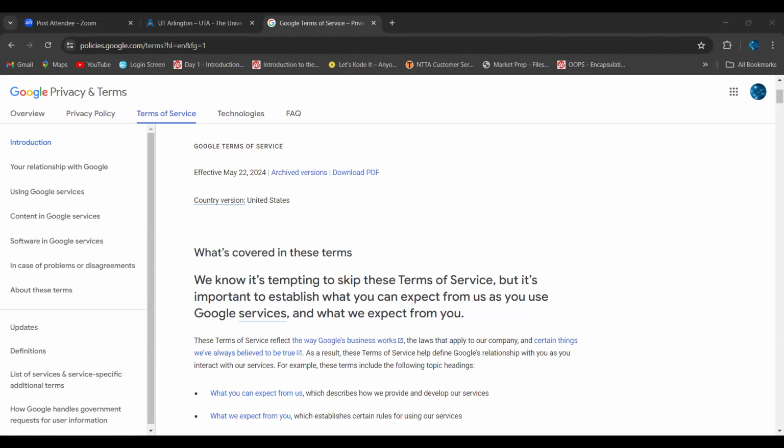So the major bugs from the same page we discussed, the Google page where you can click on terms and conditions, can be the download link.